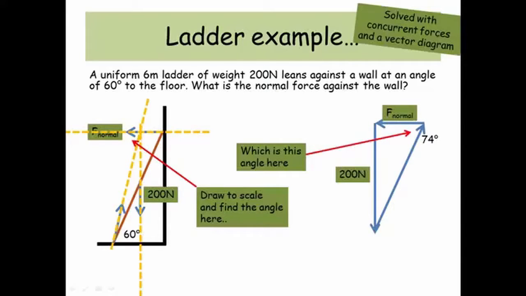Now we can draw our vector diagram to scale, even though we don't know the normal force, but we know this angle here, and we know that the angle between the normal force and the 200 newtons is also 90 degrees, so we can solve this distance here, which is around 57.7 newtons.